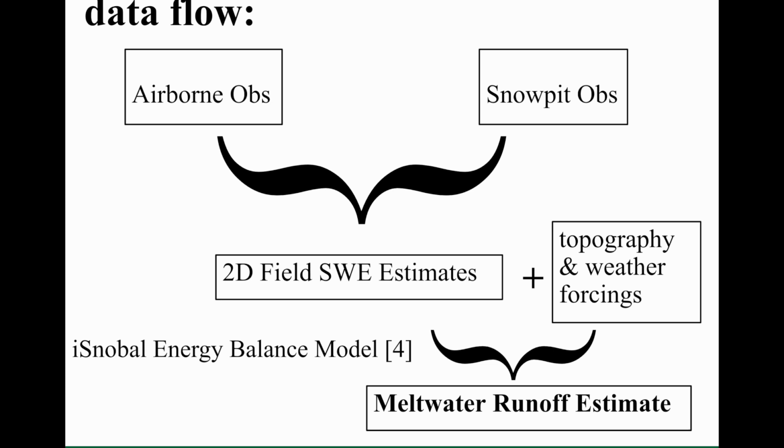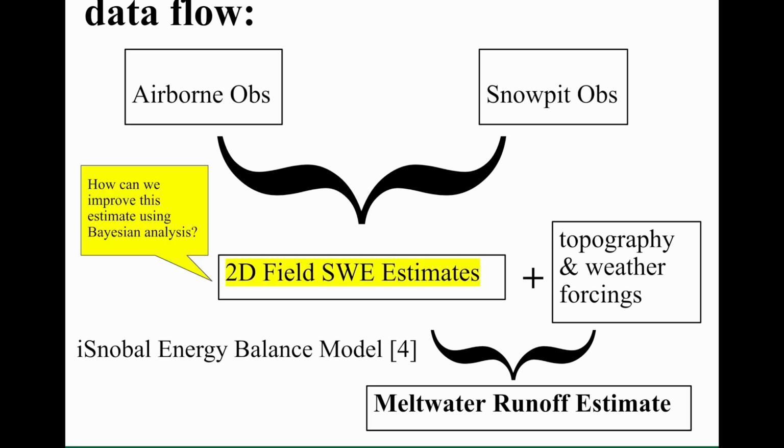From here, we can derive meltwater runoff estimates, the output that water resource managers are the most interested in. Improving this 2D SWE field is the main focus of the proposed research. The novelty of this study lies in leveraging SNOX's extensive concurrent airborne and ground data for better hydrological modeling.